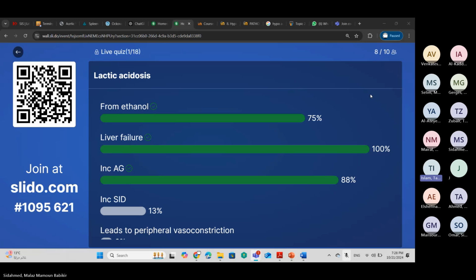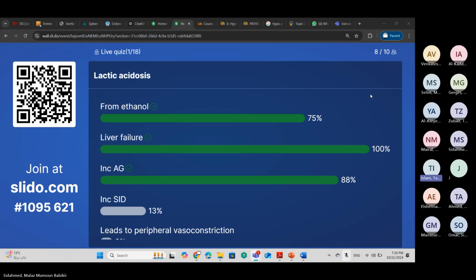I will explain the ethanol one, because the liver failure and increased AG is pretty direct. The ethanol one is kind of indirect and requires you to think. The reason why increased ethanol consumption would lead to lactic acidosis is that there would be greater metabolism of ethanol, resulting in greater production of reduced NADH.